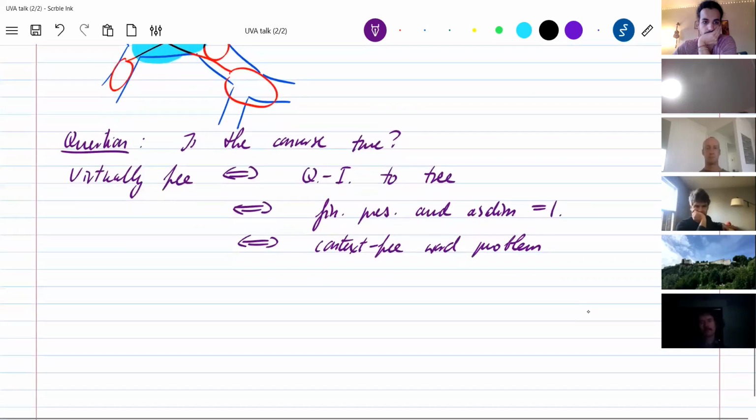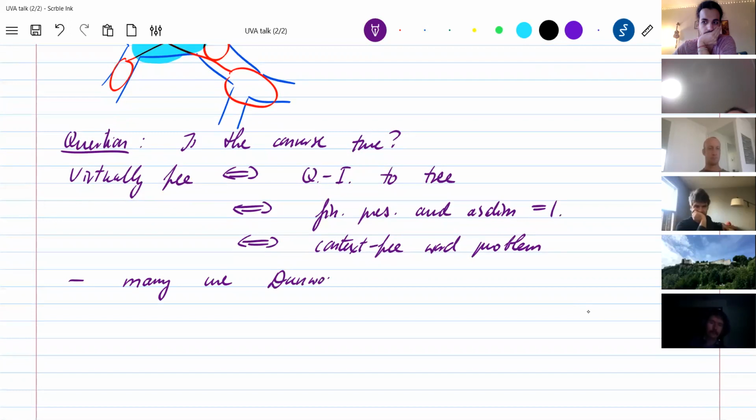And many of these characterizations, there's a million more, use something called Dunwoody's accessibility result, which we'll talk about in a second.